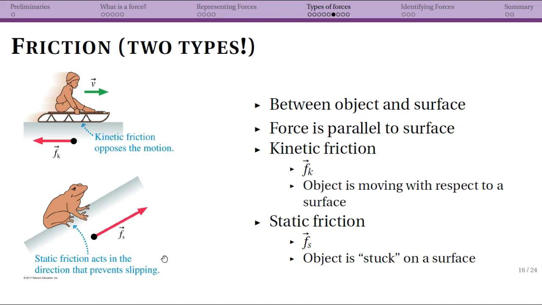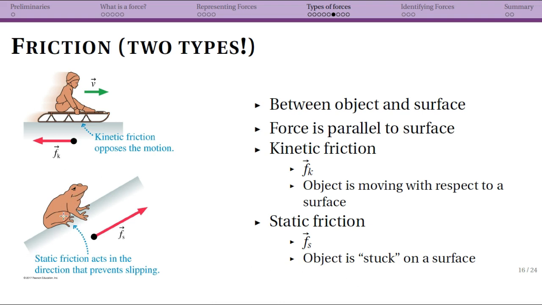So you have static friction in the case where your object could be moving if there was no friction, so you wouldn't necessarily have static friction for something like a pen sitting on a perfectly flat horizontal table. But this frog is on a ramp but isn't sliding down the ramp, so we say that static friction is what's sticking it there, and it opposes the sliding.